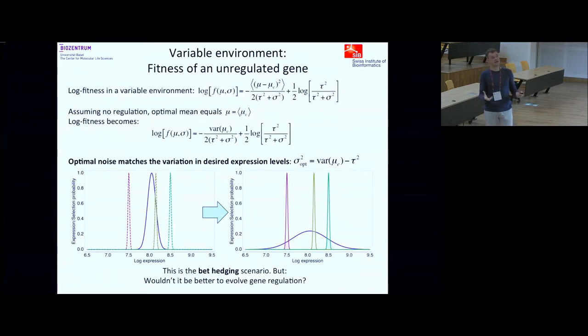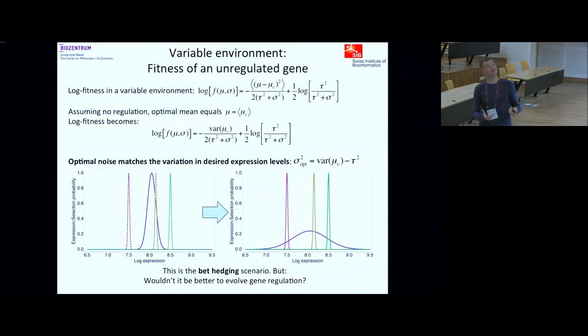And now you can first ask, what will be the fitness of a promoter that is not regulated? I start with an unregulated promoter with mean mu and standard deviation sigma. What will be the fitness of this promoter when it now experiences all these different environments? And you can show that the log of the fitness across all these environments is simply the average of the log of the fitness in each environment.